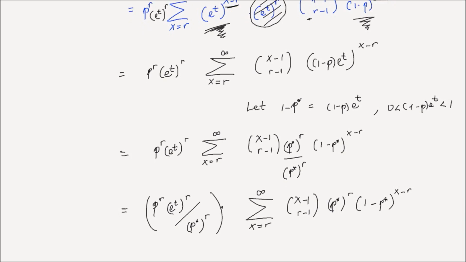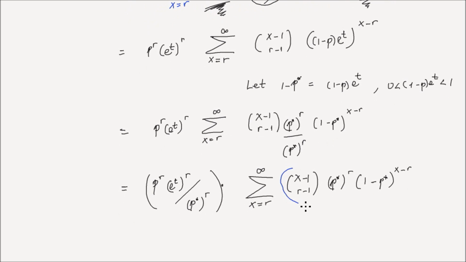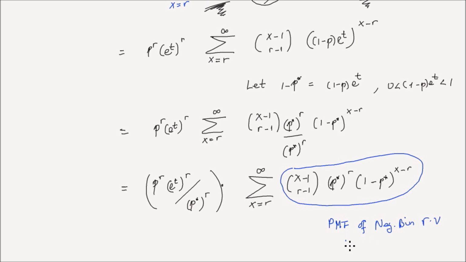Now, if you look at this, that is the PMF, or the probability mass function, of a negative binomial random variable, with probability of success equal to p star, and the number of successes equal to r.